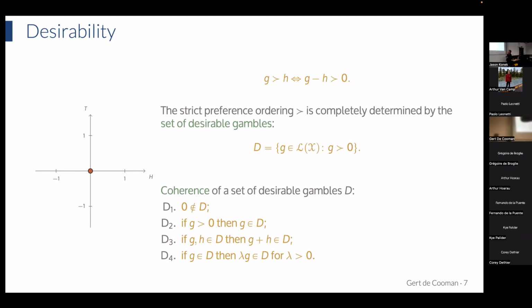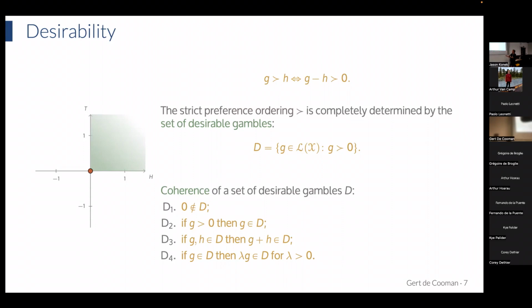So the idea is graphically that red means forbidden, 0 is forbidden, never desirable. Green means always there. So in this case, all the positive gambles, so the gambles that are either on one of the 2 axes or inside, but not 0, are in there. That is the second axiom.